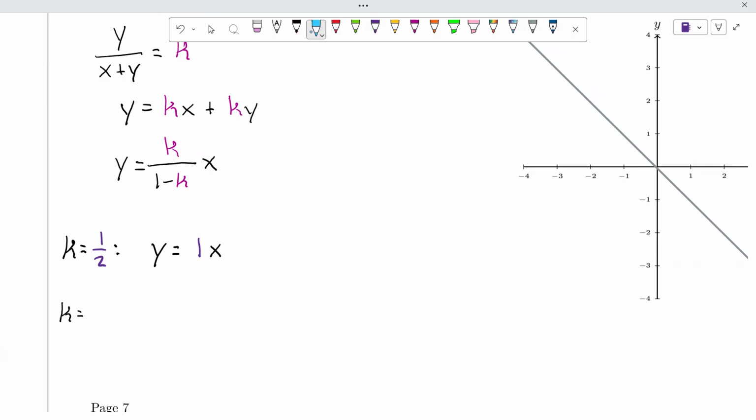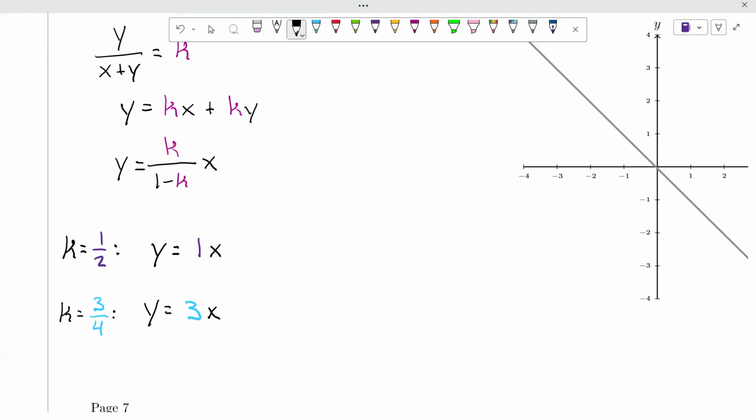For k equals 3/4, let's mark this one in blue. Again, I just need the slope of the line that I'm going to get. I'll get 3/4 divided by 1 minus 3/4, or 3/4 divided by 1/4. 3/4 times 4/1, that's just 3.